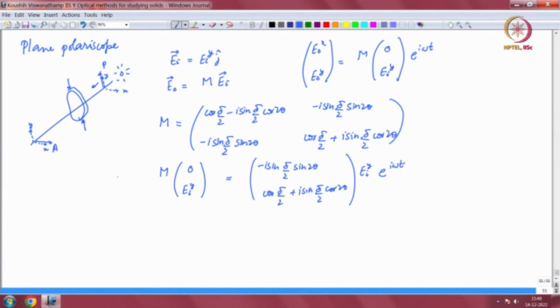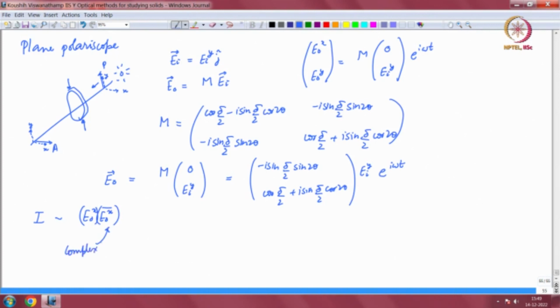So, this is your out vector, and if your analyzer is set such that you are looking at a dark field image, then you are basically going to measure an intensity that is proportional to E_0x times E_0x bar. This is the complex conjugate.